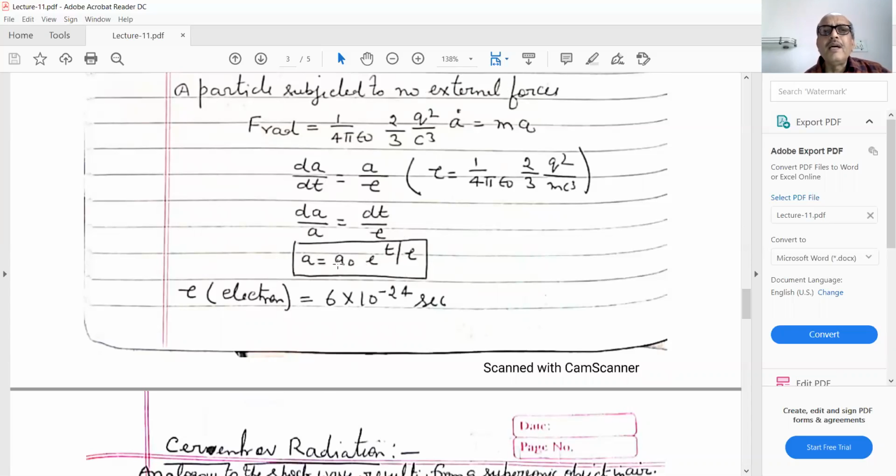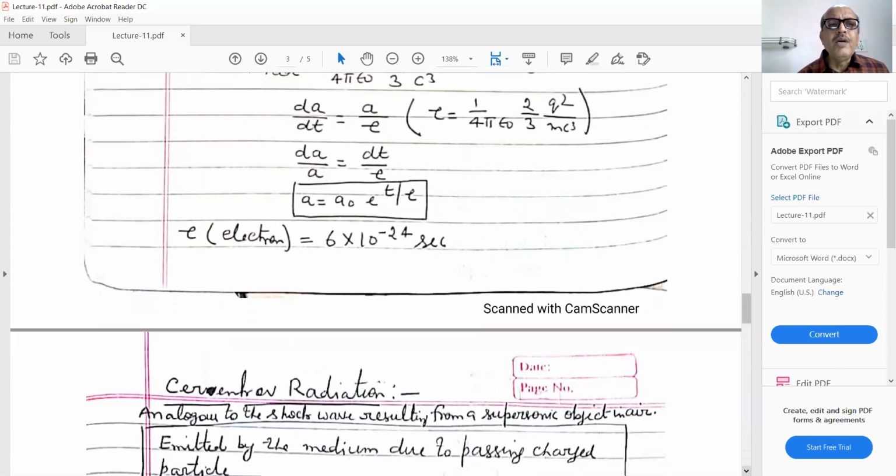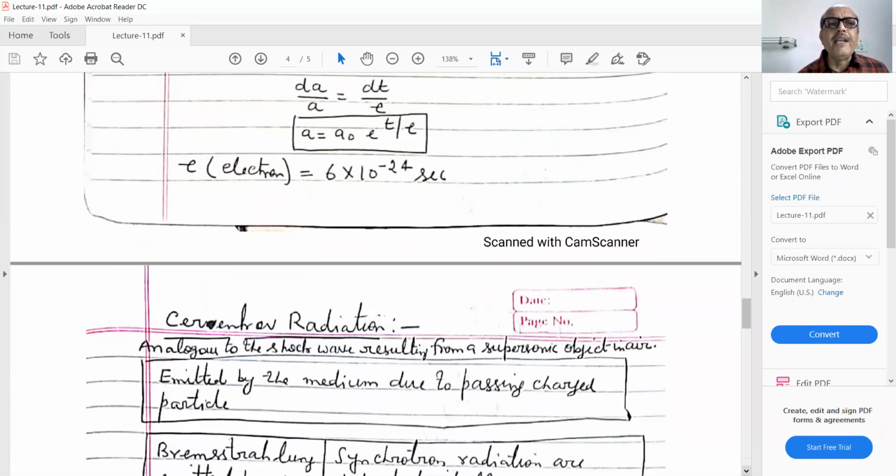So this formula is strictly applicable over a time range of the order of 6 into 10 to the power minus 24 seconds only. I advise all of you to read the book by Griffiths and his comment on the Abraham-Lorentz formula. Then we now have to discuss another type of radiation called Cherenkov radiation.